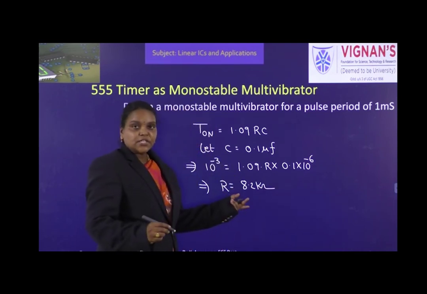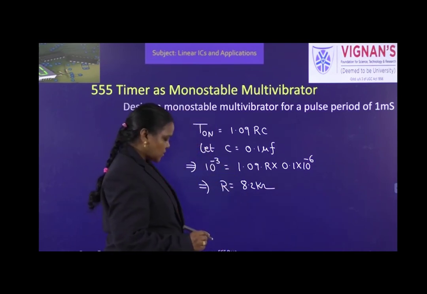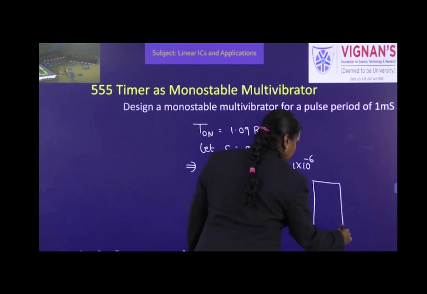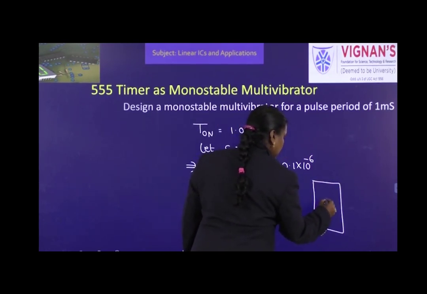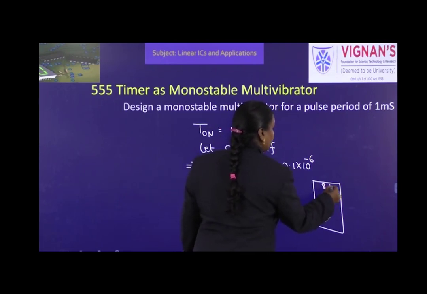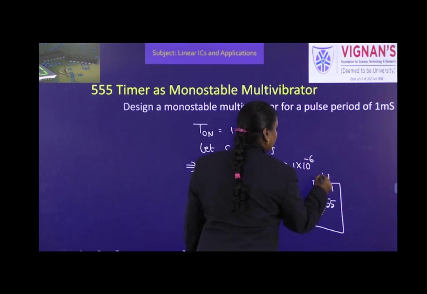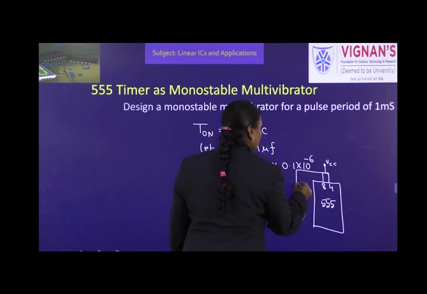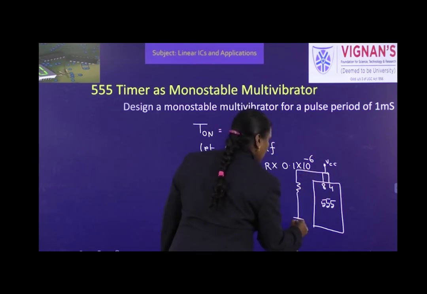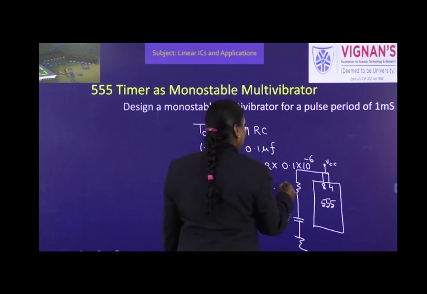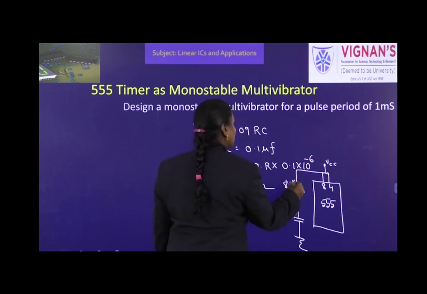After getting these values, we have to draw the monostable multivibrator. So this is the 555 timer, and the 8 and 4 pins should be connected to supply. This is 8.2 kilo ohms.